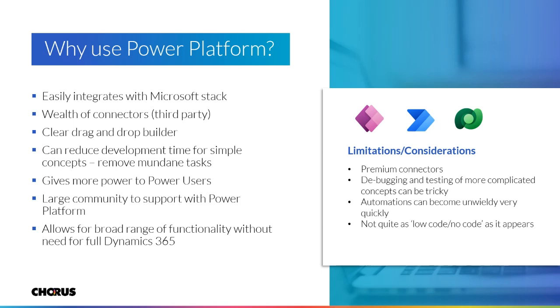Debugging can be tricky. Typically when you code, in the old true sense of the word, you'd be able to step through your code and see exactly how things are changing. Microsoft are putting more and more effort into that area to make it a better experience, but as of now it is quite tricky to see what's going on, what's going wrong, stepping over things, and doing anything fancy other than just running it, seeing if it works, tracking through what it did, why didn't it work, do again, rinse and repeat.